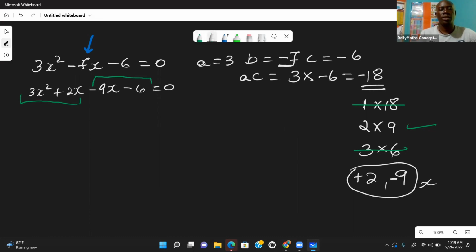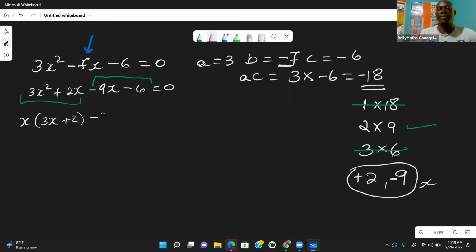Let's continue. x is the common factor of the first pair. x into 3x squared is 3x, and x into positive 2x is positive 2. I need to ensure that when I carry out the second factorization, I do have 3x plus 2.